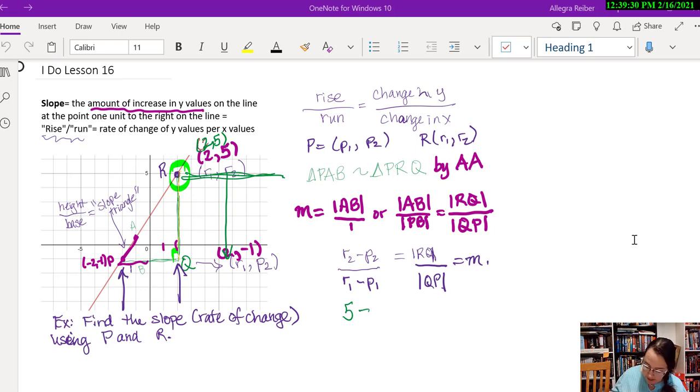So 5 minus -1 divided by, now we've got our x's, 2 minus -2. And so what's our change? 6 in the numerator and 4 in the denominator. That's equivalent to 3/2, which is the slope we found before.